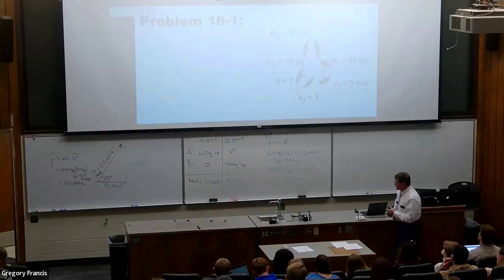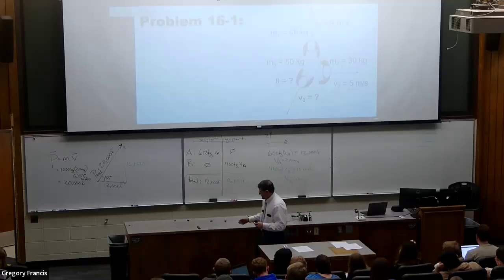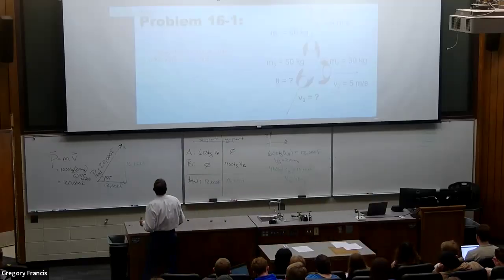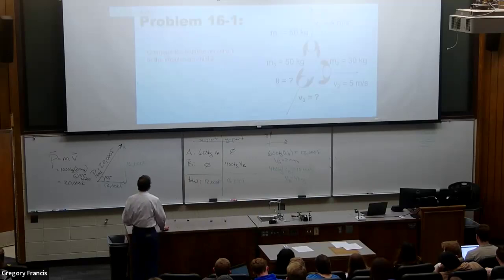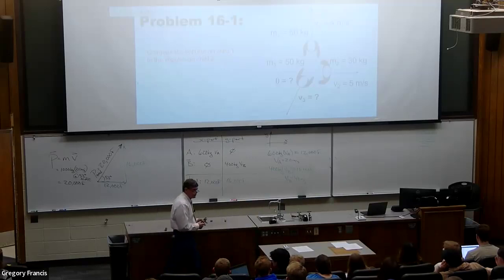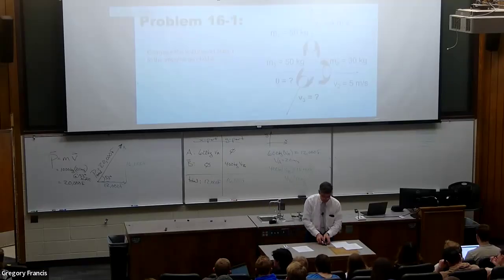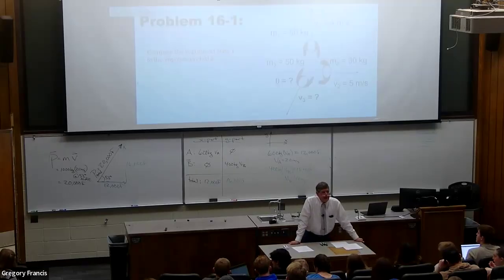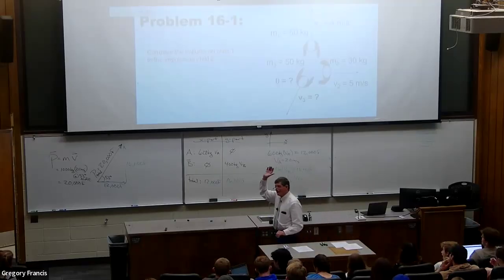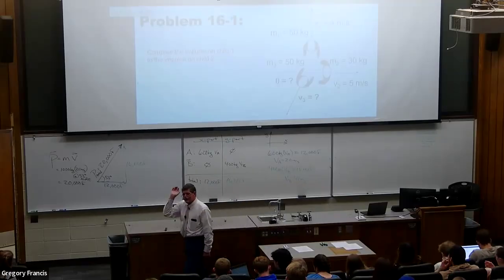Now, the first question in your homework is to compare the impulse on child 1 to the impulse on child 2. Now, folks, this is an old exam question. Most of the homework problems are old exam questions. And when this was on an exam, I had a whole big chunk of my class that said, ho, ho, Greg, you can't fool us.